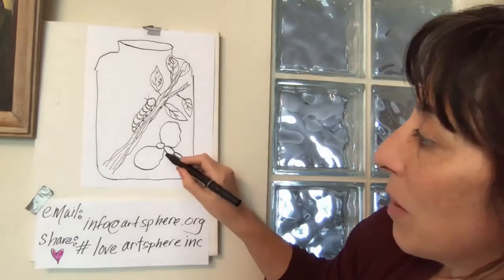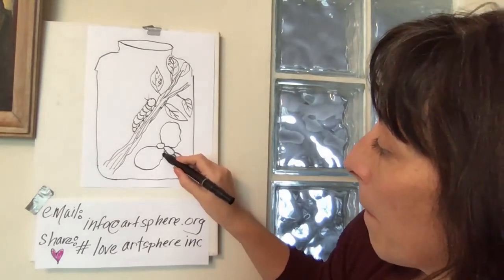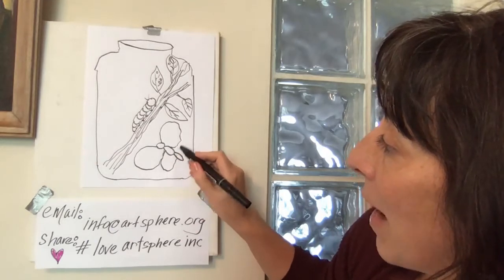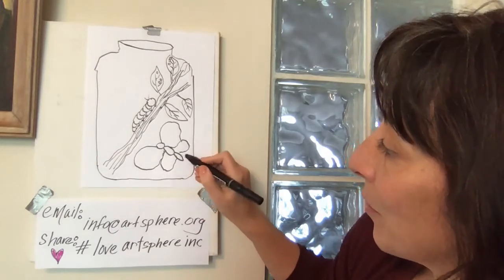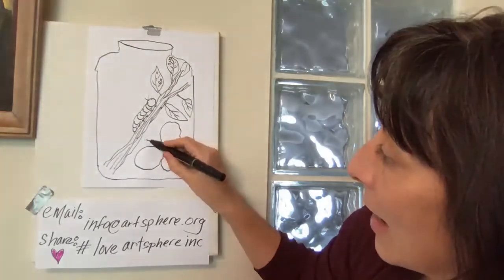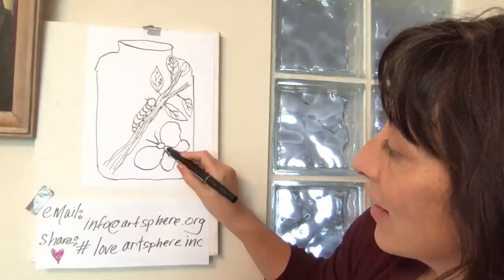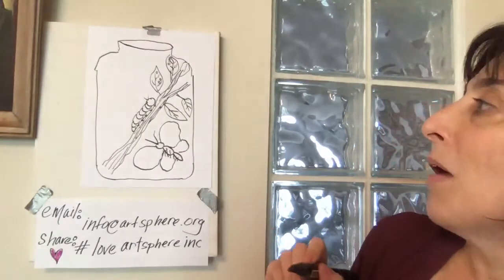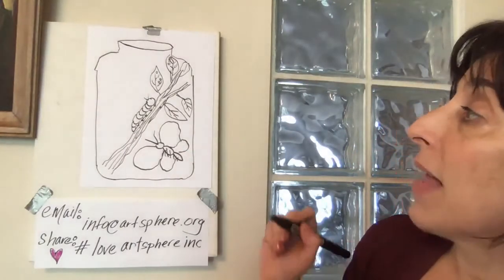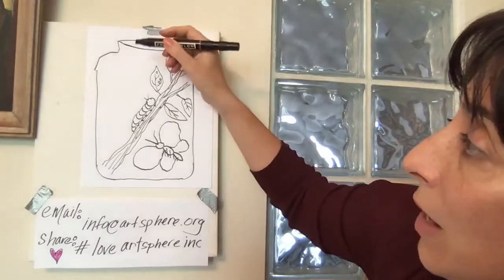So it's segmented into 3 parts. I'm making the back wings, and then I'm going to add a V for antenna, and I'm going to add 6 legs.